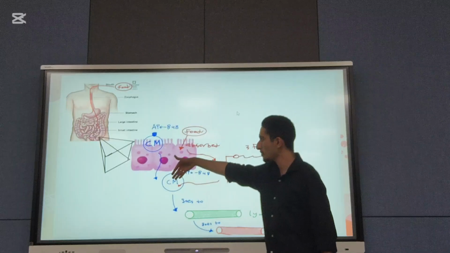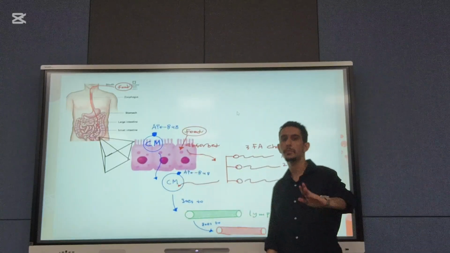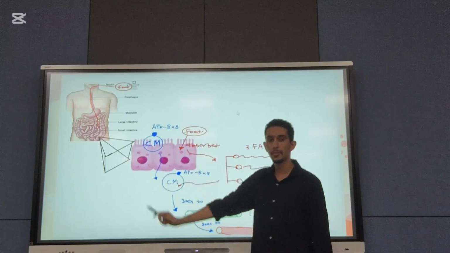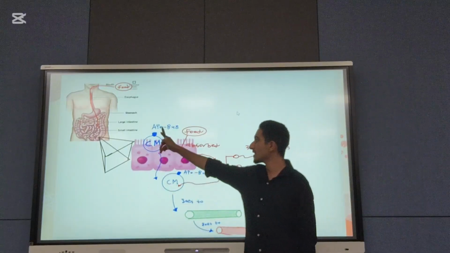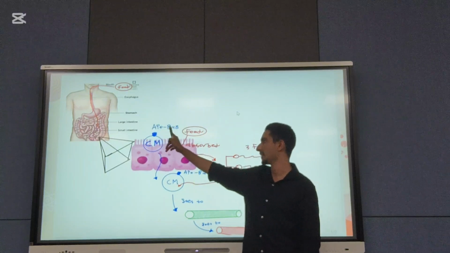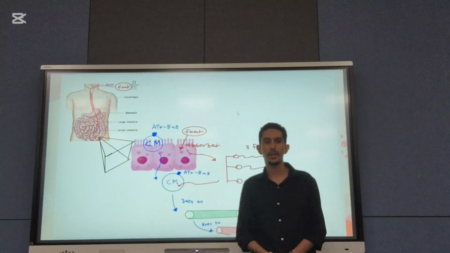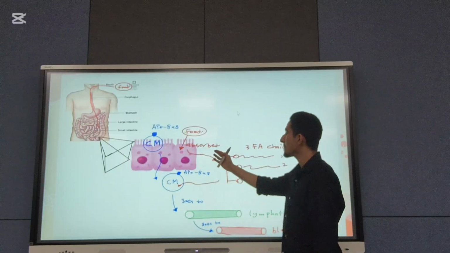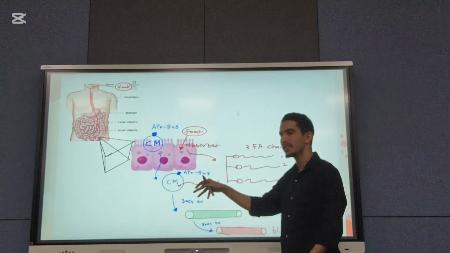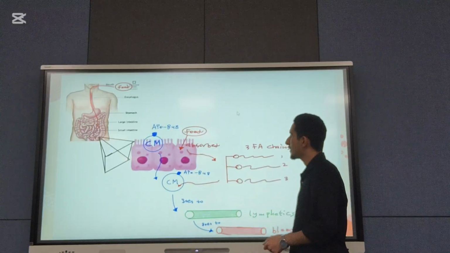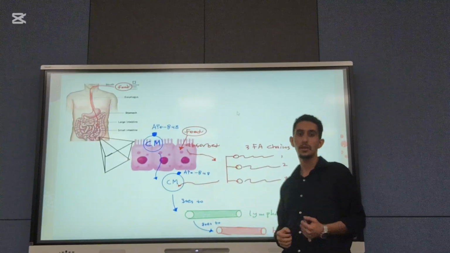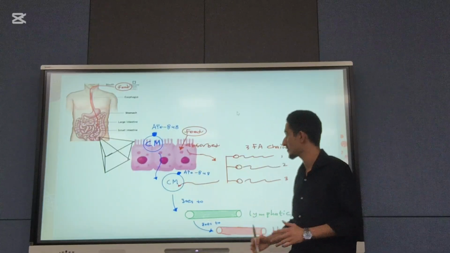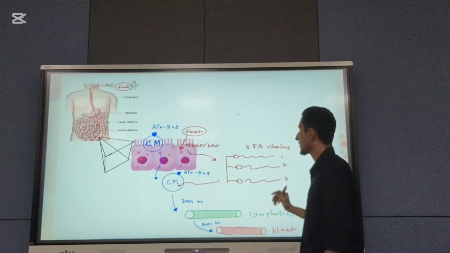It will get absorbed where it meets chylomicron, which is immature, with only apoprotein B48. What will the chylomicron do? It will uptake this food, and the food will be broken down into triglycerides. As we said, chylomicrons mainly are carriers of triglycerides.